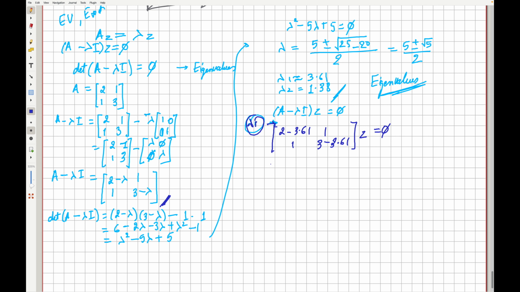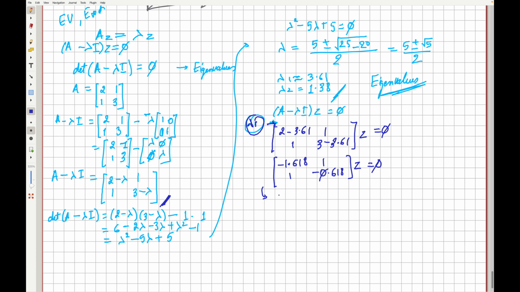If we perform this subtraction, we should get [[-1.61, 1], [1, -0.618]]. You can check the calculations. What this gets us is the values for z1 and z2.